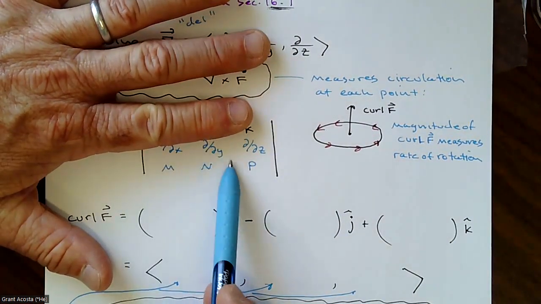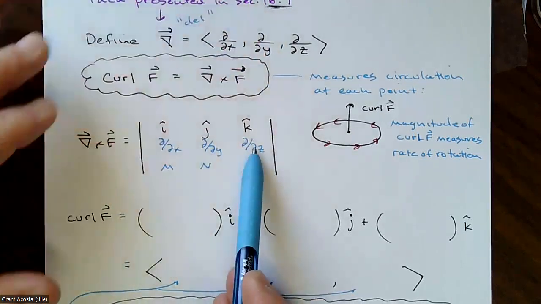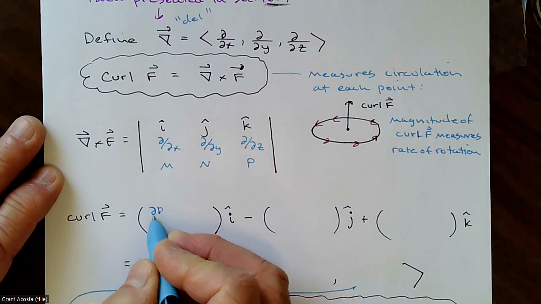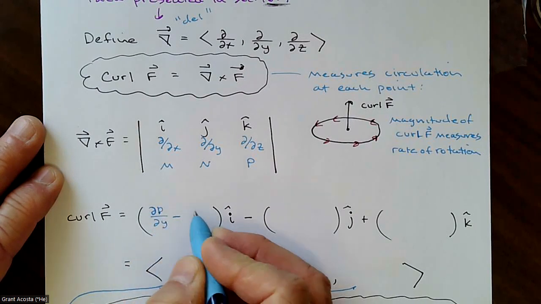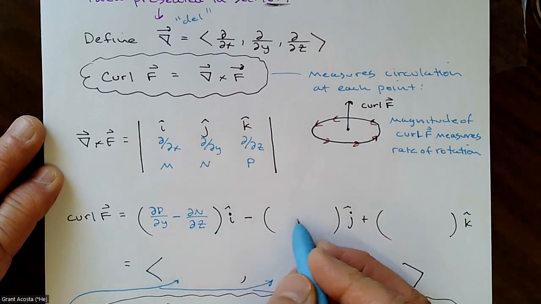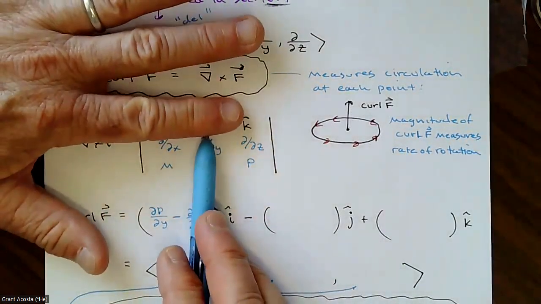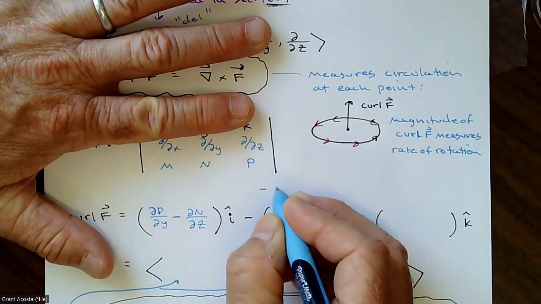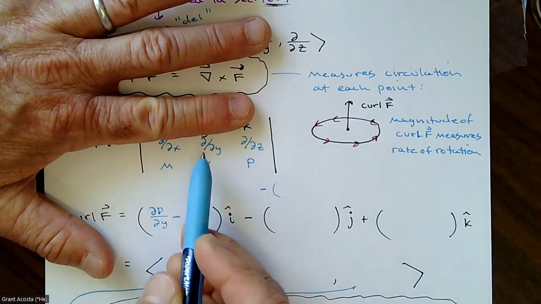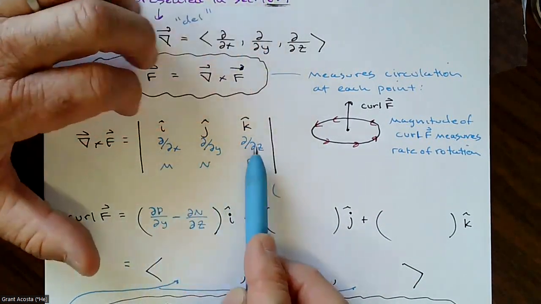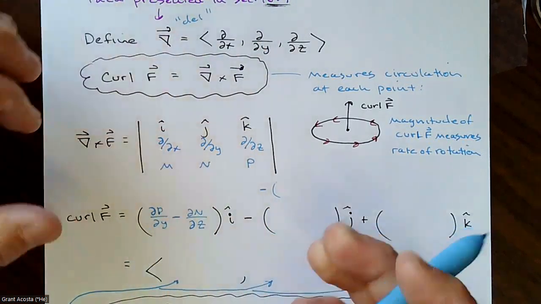So we're going to have the partial of P with respect to y minus the partial of N with respect to z. For the middle one, remember you always get a minus sign. I'm going to put this up here. That's going to be minus, and then what do you get? You get the partial of P with respect to x minus the partial of M with respect to z.